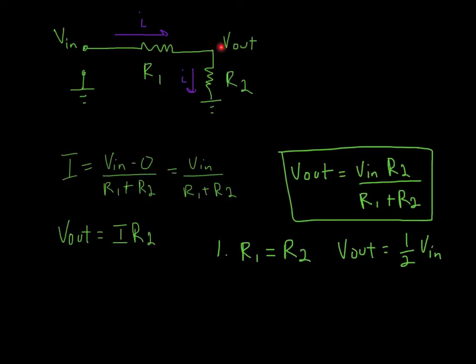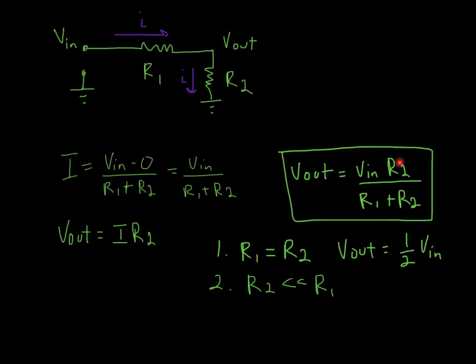How about a more extreme case? What happens when R2 is much, much less than R1? What's going to happen then is basically this is going to go to 0. That would be heading towards a short.